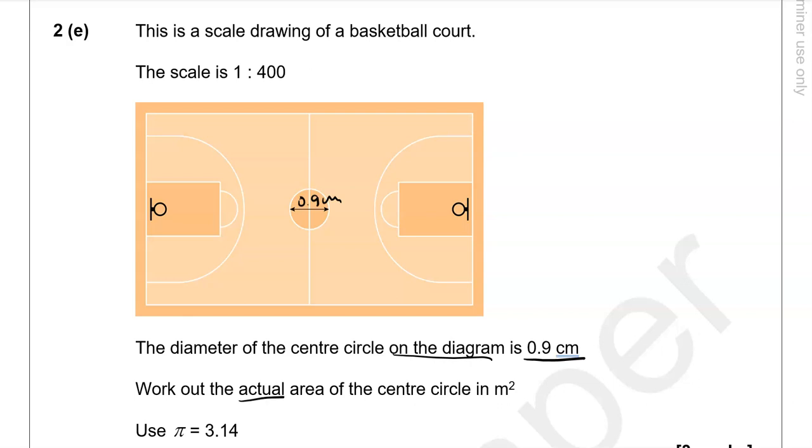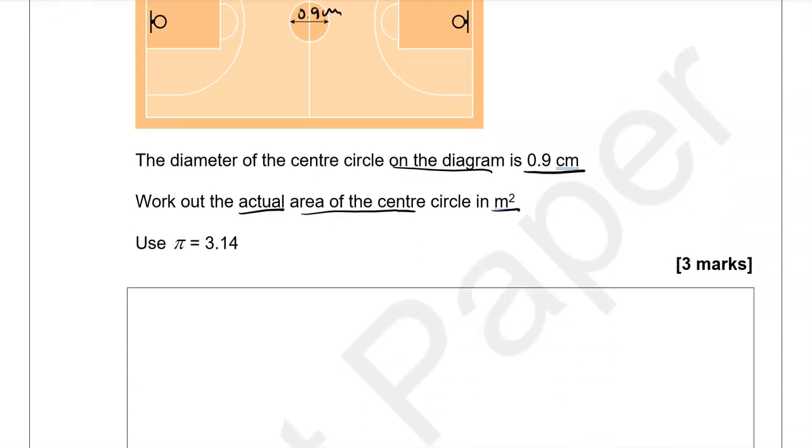Work out the actual area of the center circle in meters squared. Use pi equals 3.14. So we know that the scale is 1 to 400. So 1 would be on the diagram and 400 would be the actual area or length.